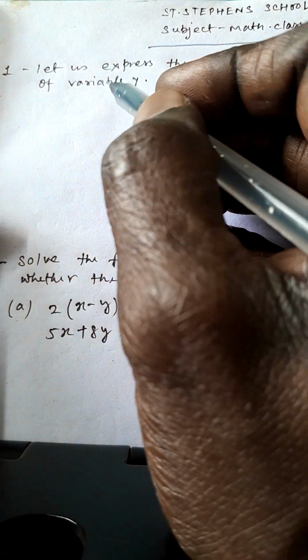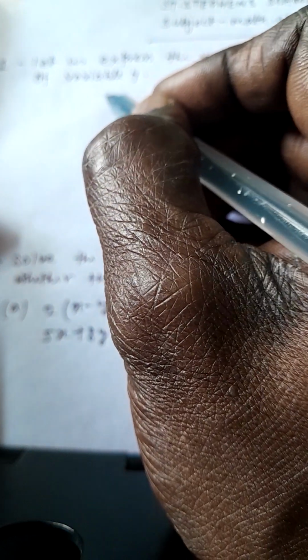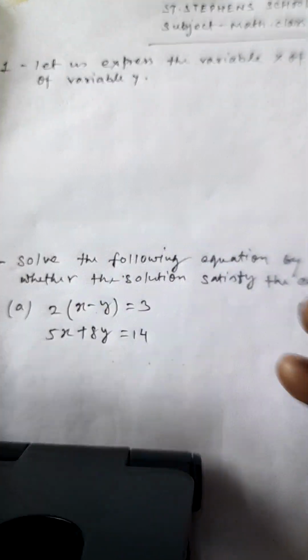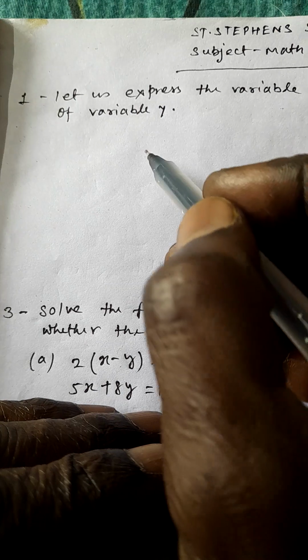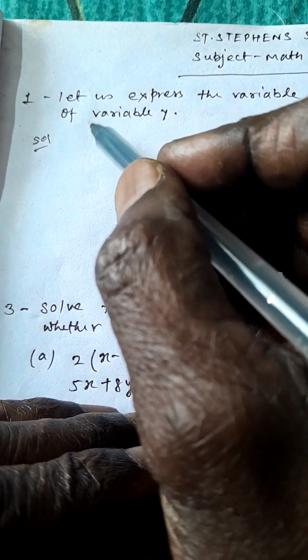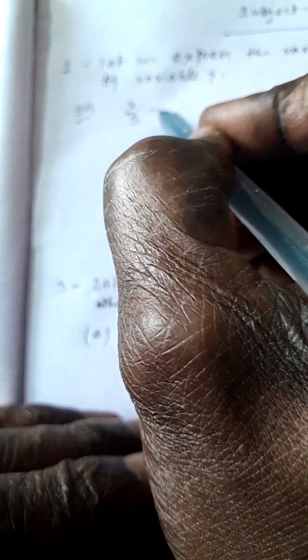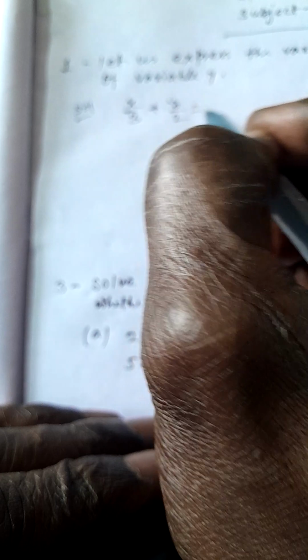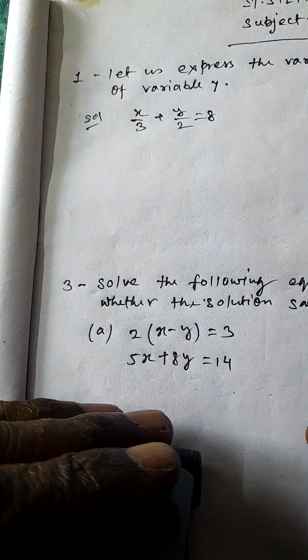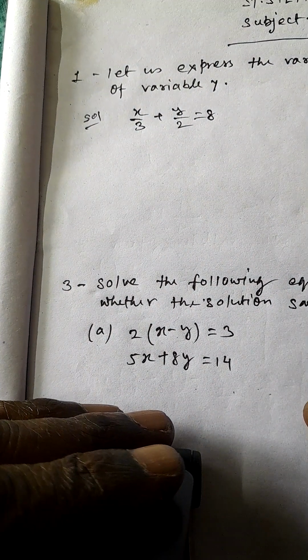So to express x in terms of y, the equation is x upon 3 plus y upon 2 is equal to 8. We have to express the variable x in terms of y.